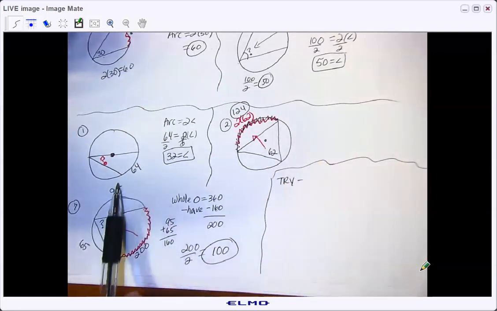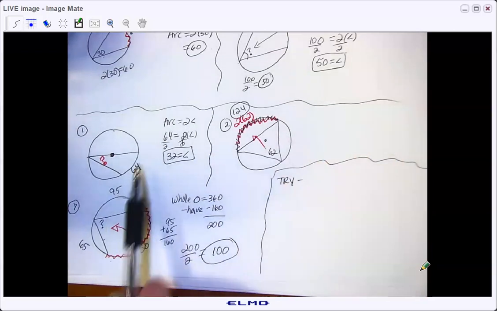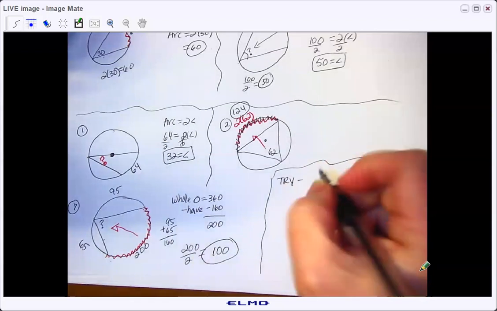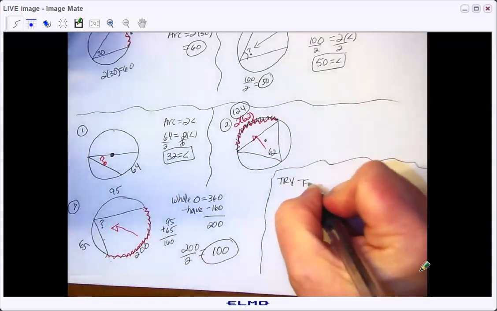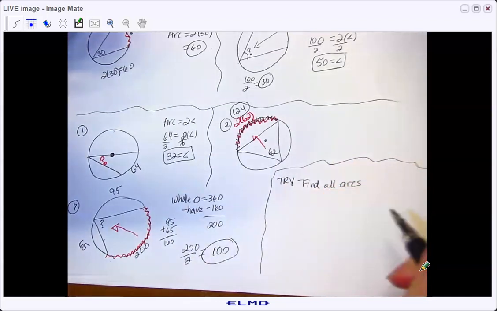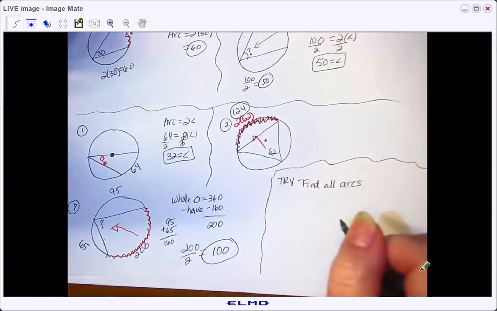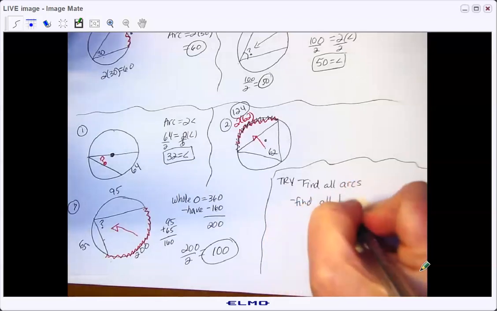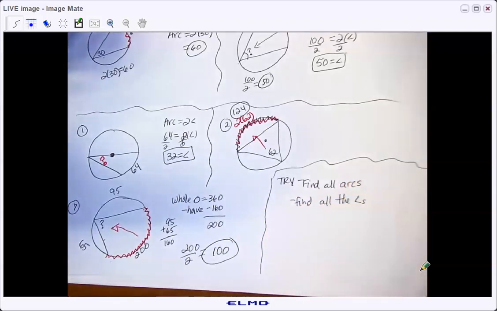If it's not a straight, obvious problem, start by finding all the arcs. If you need to, find all the angles. And that'll be more apparent later.